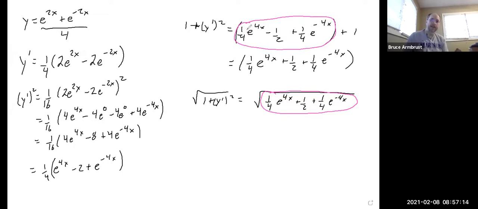Well, if you look at that piece originally, the y prime squared, that came from squaring something. Well, that means this is coming from squaring something. And it's really the same thing, but with a plus sign.